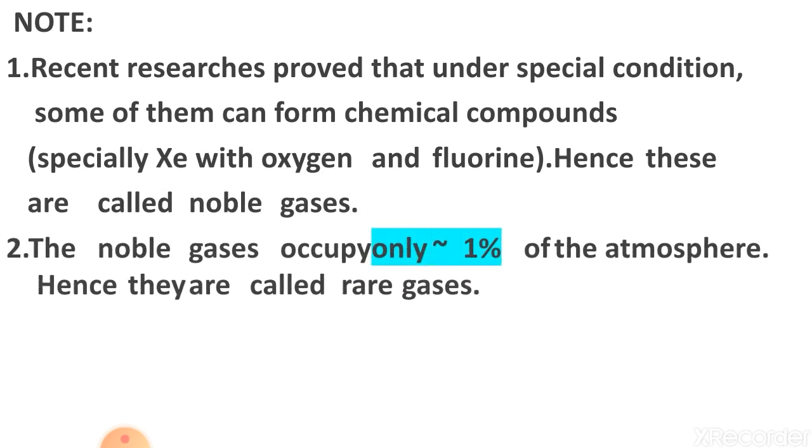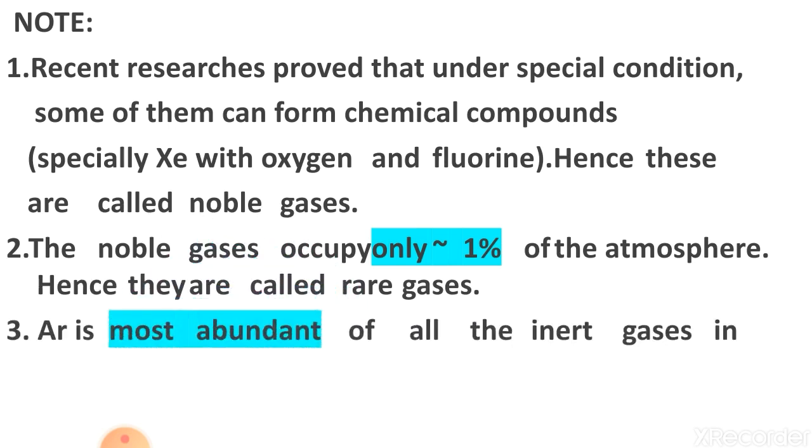Second, the noble gases occupy only approximately 1% of the atmosphere. That means these gases are present in air in very small amounts. So that's why they are also known as rare gases and also known as aerogens. So this is another name of group 18 elements, rare gas or aerogens.